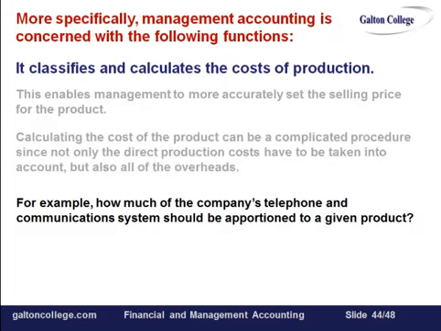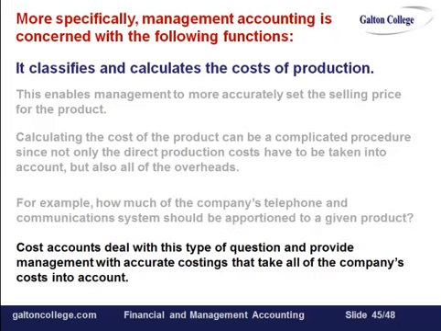So how much does a company's telephone and communication system cost, and how should it be apportioned to each given product? If you make lots of products, how much of the telephone bill should be included in the price of one of the products in particular? It has to be worked out, it has to be calculated.